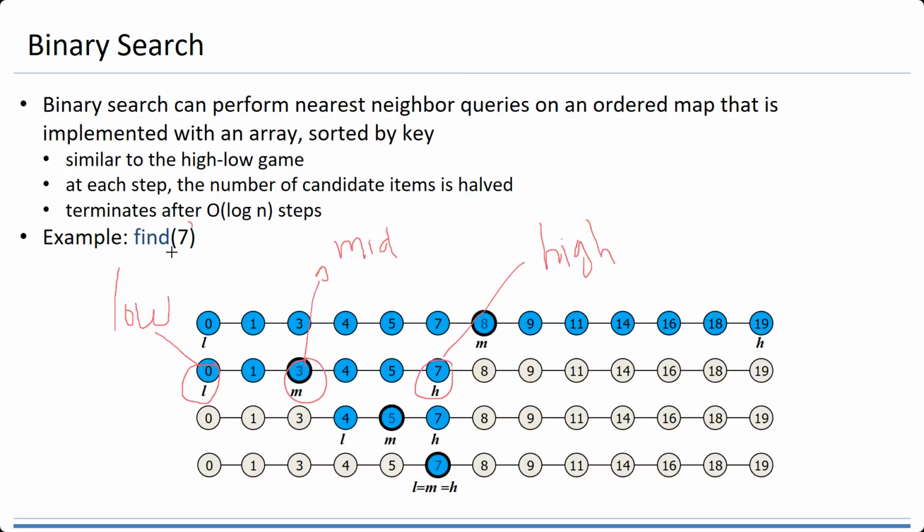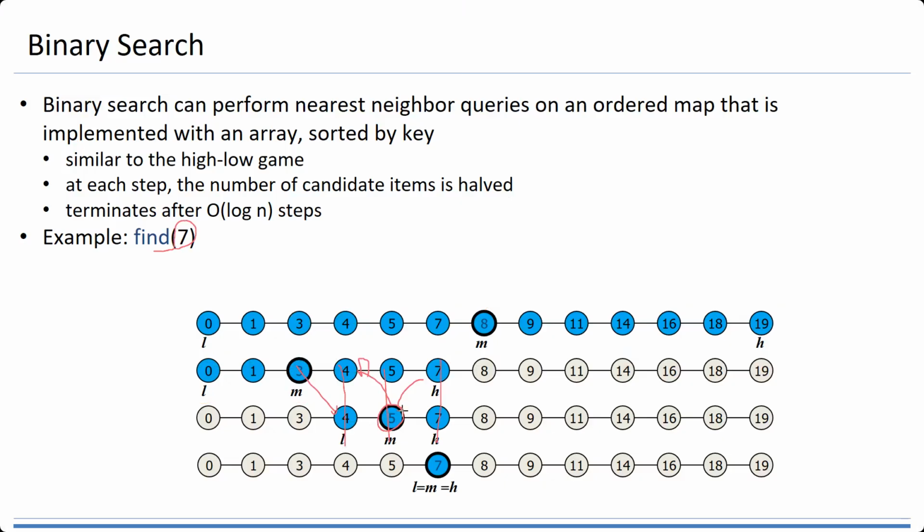And then check, where is 7? Is 7 lower than 3 or higher than 3? Because I know that 7 is higher than 3, I limit again. Then this will be the low, this will be the high, and this will be the mid. And then I check 7. Is 7 higher than 5 or lower than 5?